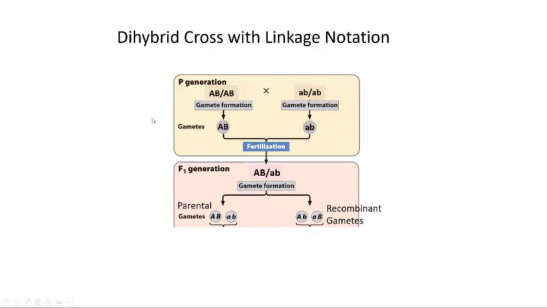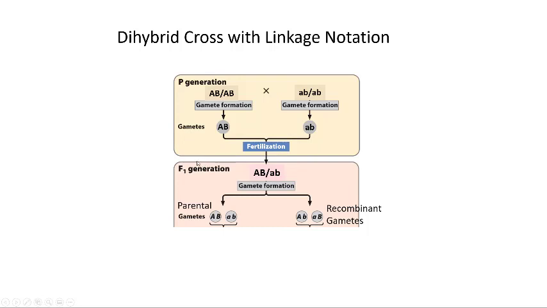All right, so this is what your linkage notation should have looked like. This true breeding individual who is dominant for both genes, we're now going to rewrite it with big A, big B slash big A, big B. The recessive, little a little b slash little a little b, and each of these gives the gametes that are shown.